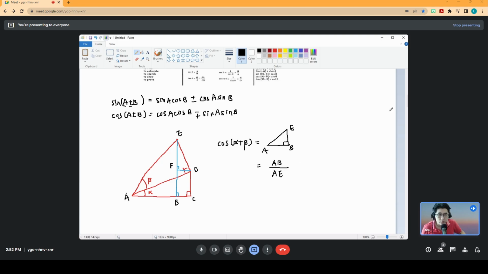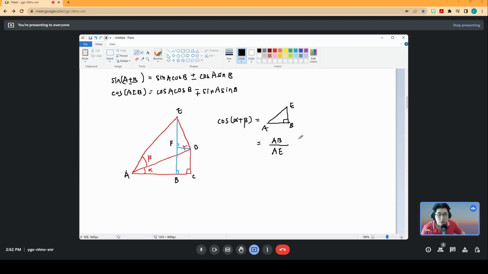Then we also can see that AB is part of AC, so AB can be written as AC minus BC, over AE. After that, we separate the fraction: AC over AE, minus BC over AE.